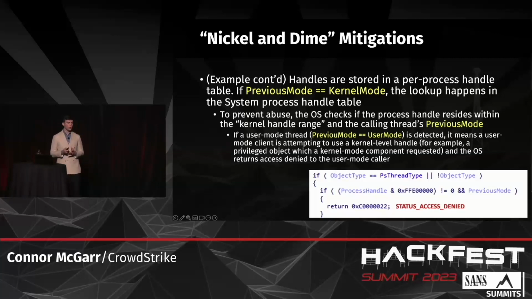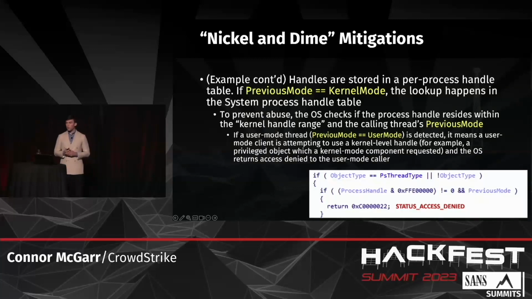Kernel handles are stored in the system process handle table. Kernel handles are any of the handles opened up by a kernel mode component. They're privileged, so they have a special sign extension on them with FFE. When we try to look up the object associated with the handle that we want to terminate, in this case a process, the OS checks: is this in the kernel handle range?